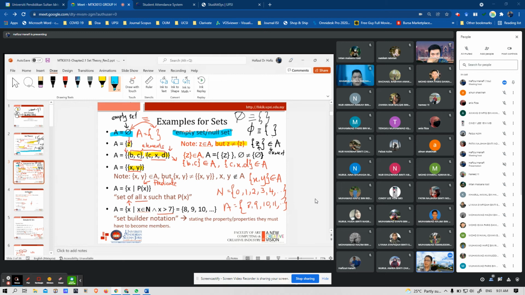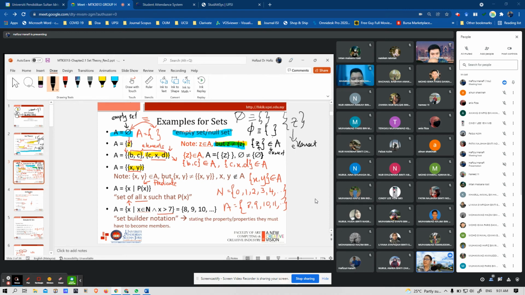And then if we see set A has one element only, z, z is a member of set A, but A is not equal to the element z. It's not the same, because if you draw z like this, it is called the element, the element inside the set of objects.